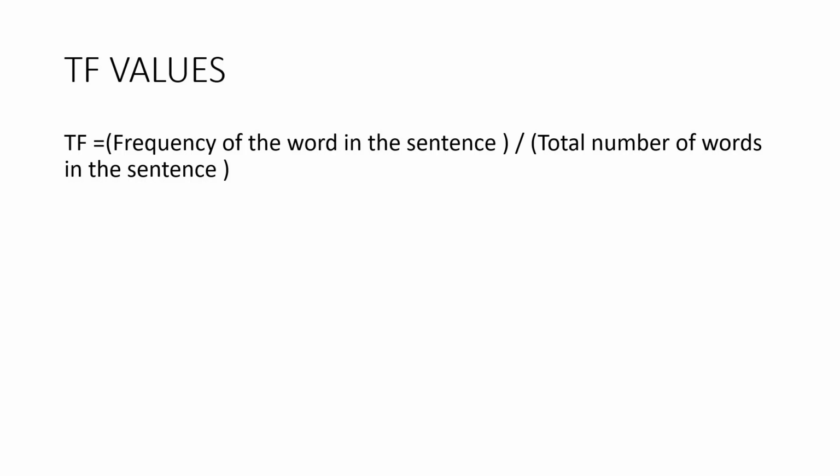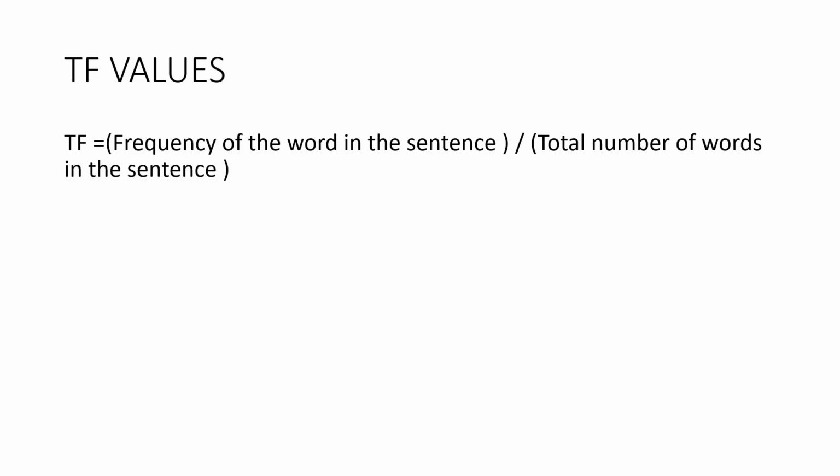For instance, look at the word play. In the first sentence, its term frequency will be 0.20 since the word play occurs only once in the sentence and the total number of words in the sentence are 5. Hence 1 by 5, it is 0.20.